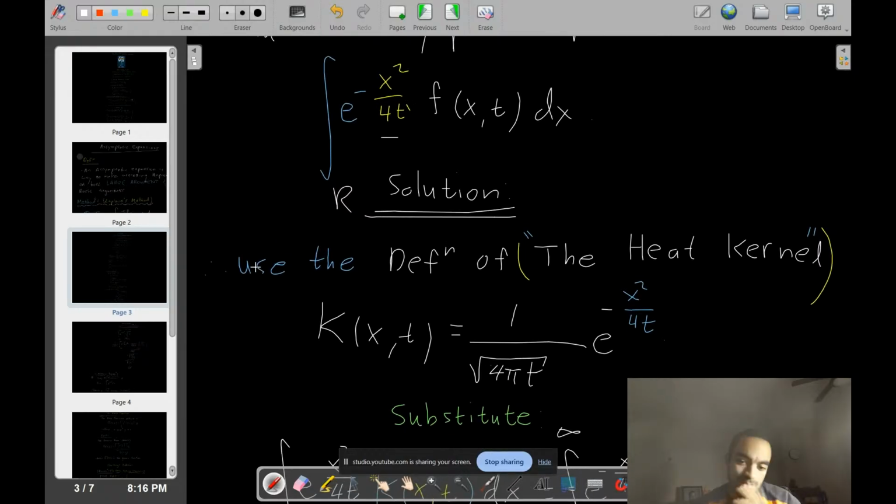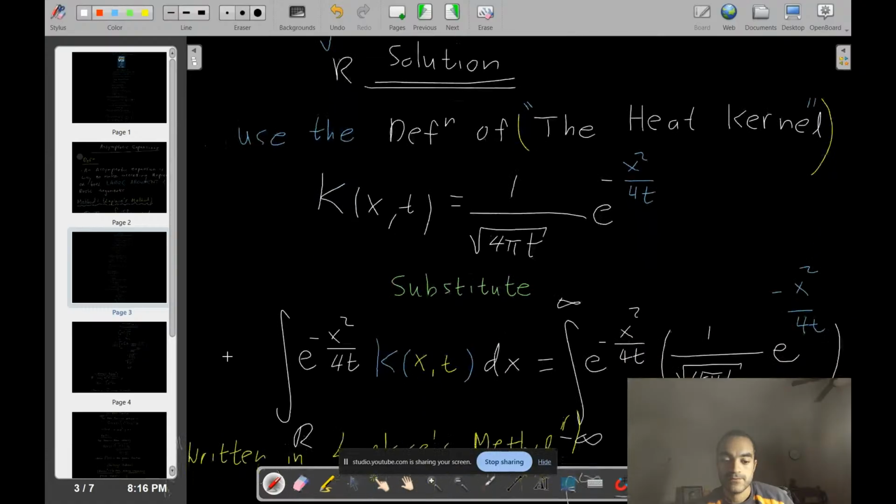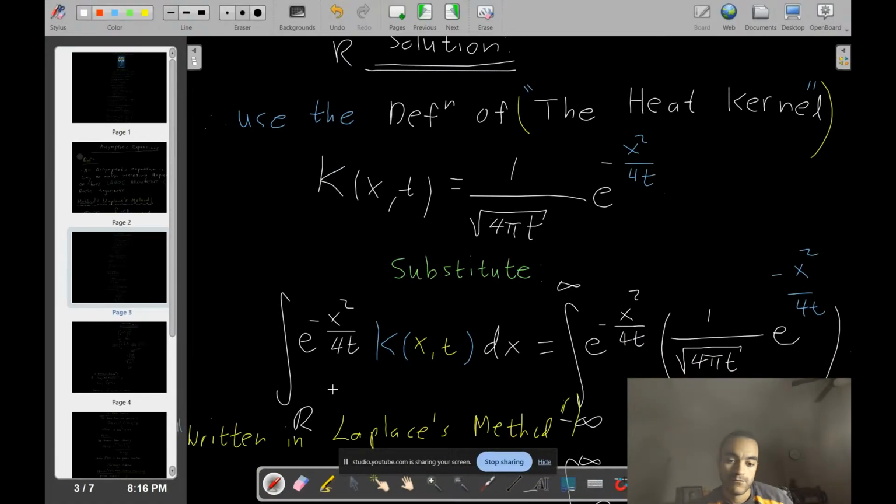As I mentioned, I already talked about the definition of the heat kernel. K for convection is a function of x position and t time, and it's 1 over the square root of 4 pi t, e to the negative x squared over 4t. Now, in order to integrate this, I'm just rewriting the problem.